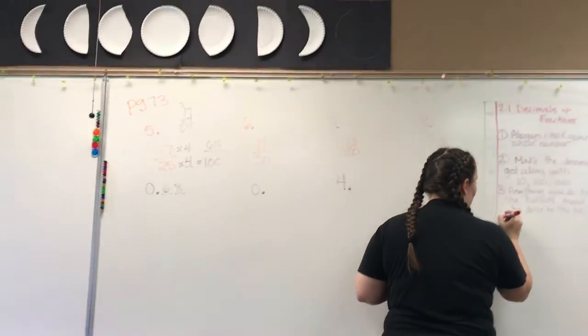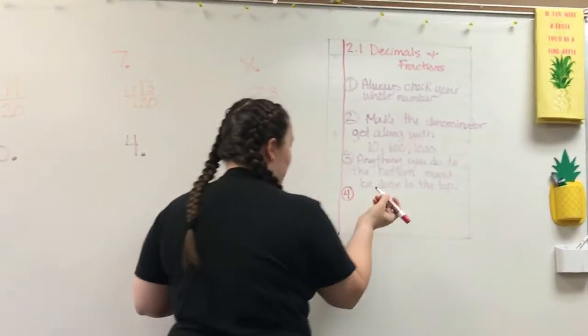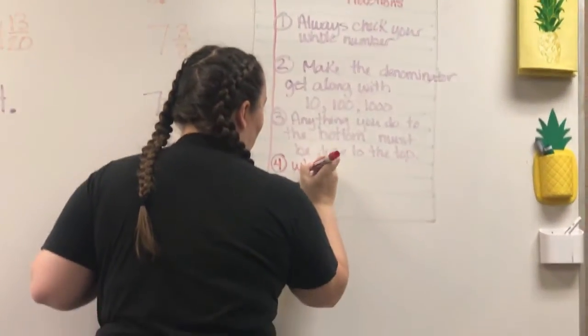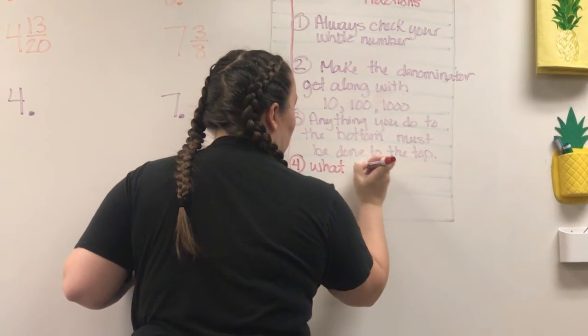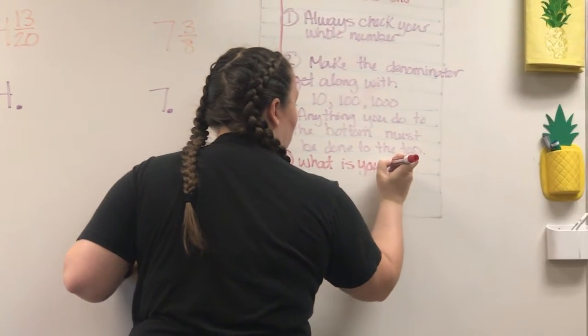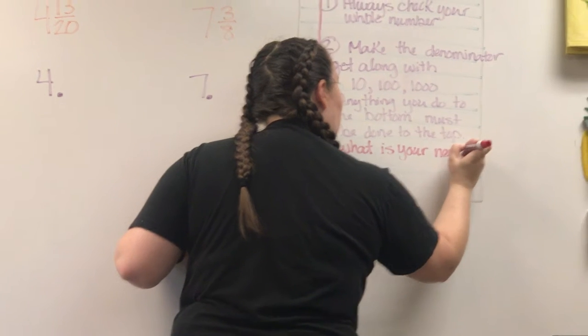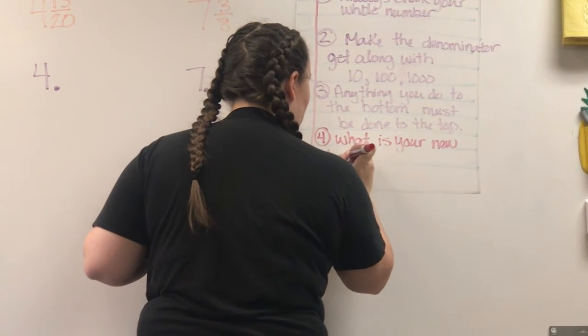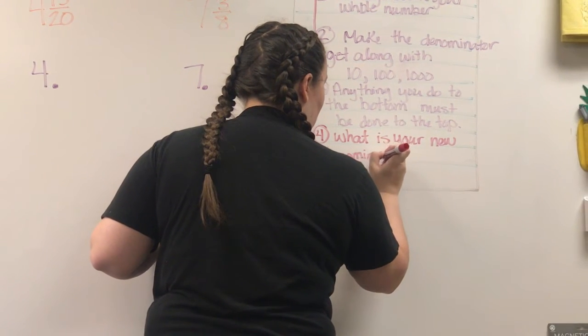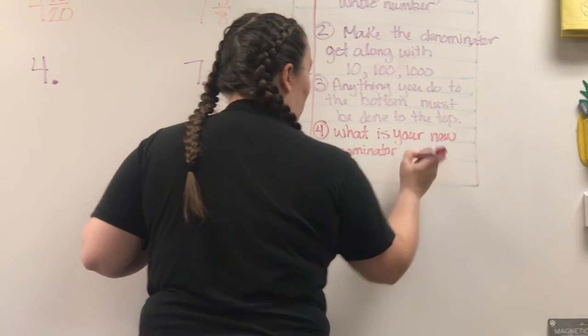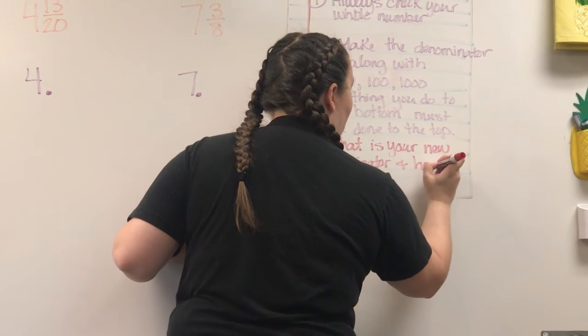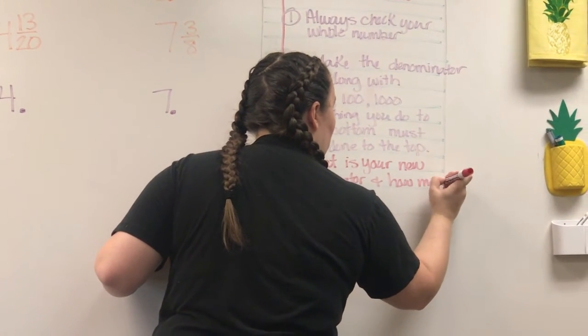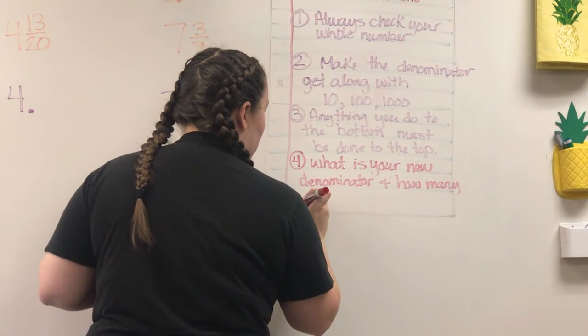Rule number 4. What is your new denominator? And how many decimal places do you need?